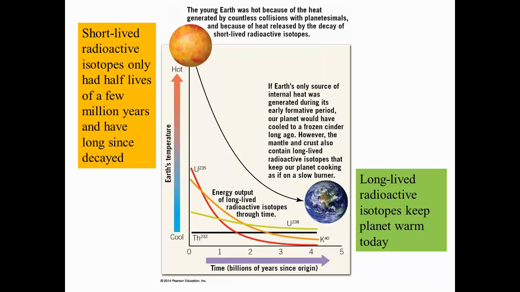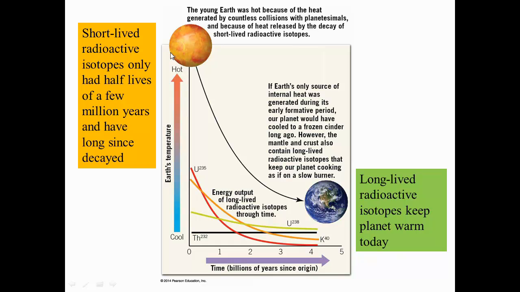And if you look at this diagram here, this is Earth's temperature on the vertical scale versus time on the horizontal scale. The origin dates back to 4.567 billion years ago, where Earth's temperature was many times higher than it is today, possibly as much as 6 to 7 times higher than today.